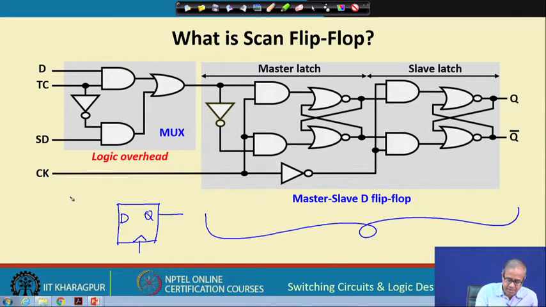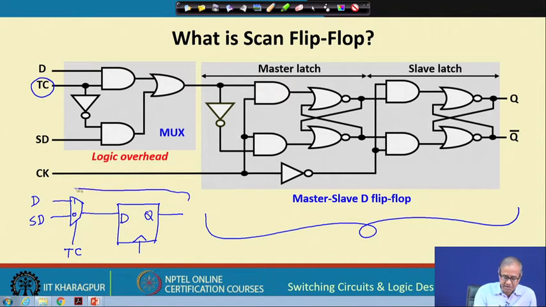What I do at the input side is add a multiplexer, and the multiplexer select line is enabled by this extra input TC. TC stands for test control. During testing we need this, and let us say this is the 0 input, this is the 1 input, and the two inputs are called scan data SD and D.